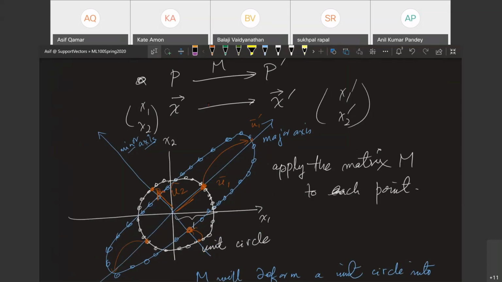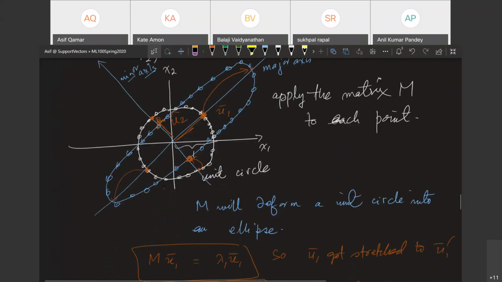The points will go. Now you ask for those points on the unit circle which just got stretched, which did not get rotated. You'll realize that there are only 4 such points which only get stretched and not rotated. Now the direction of those points is the eigenvectors. The 2 eigenvectors would be the direction of the first stretch and the direction of the second stretch.